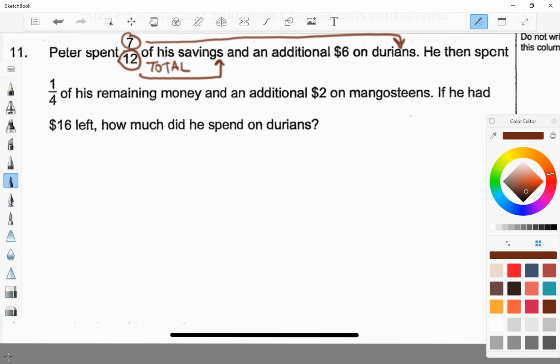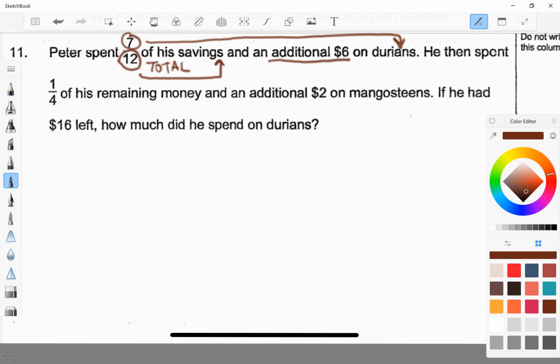So what is the telltale sign, or what is the key phrase to alert us that this is talking about remainder concept type 3? There's this additional $6. Sometimes you will see the word additional, you also see the word less. That is actually a clue for everyone that the question is talking about remainder concept type 3, and you got to draw your model.